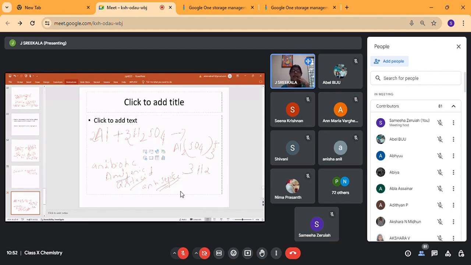Analgesic is painkiller. Antibiotic is used for killing microorganisms and is made from microorganisms. What is the first antibiotic made? Penicillin. These are the options: antibiotic, analgesic, antacid, antiseptic.